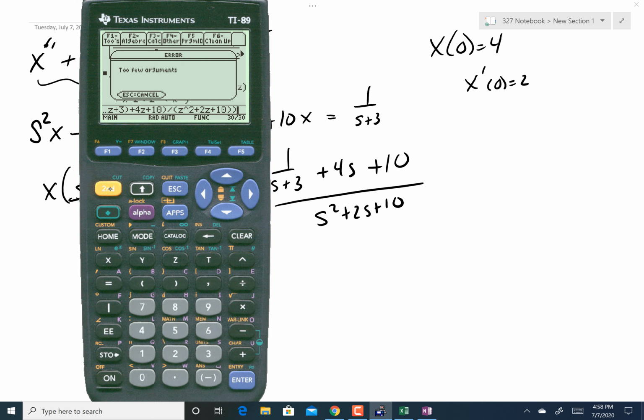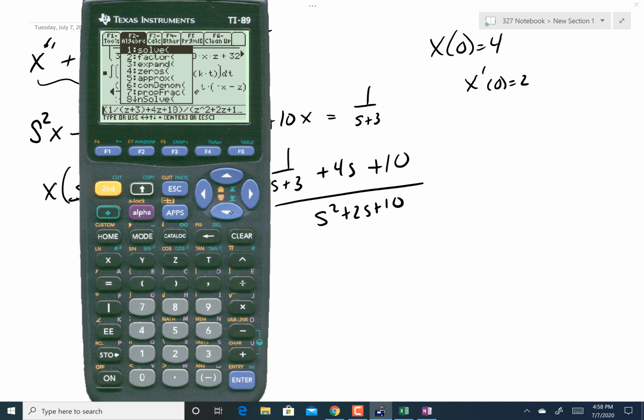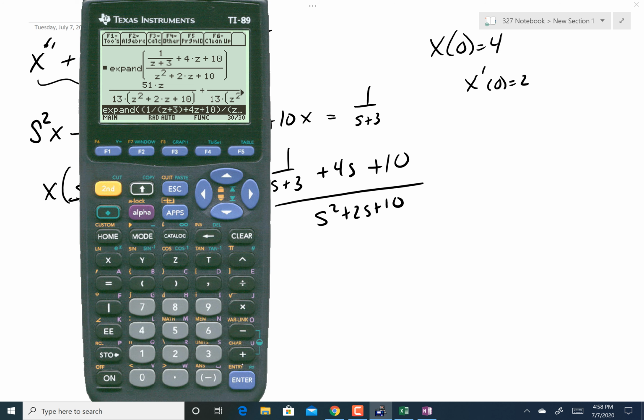What just happened? Escape. Oh, zeros. You idiot. It's supposed to be expand. Big dope. There we go. Beautiful. And you're like, oh, that's gross. Just hold the phone, friend. You haven't seen nothing yet.